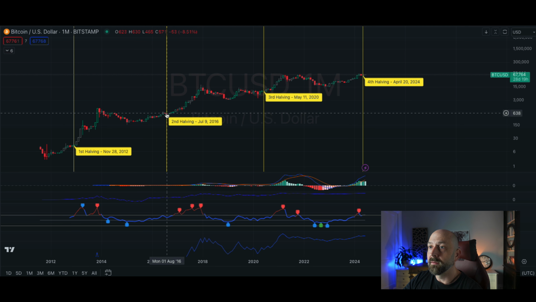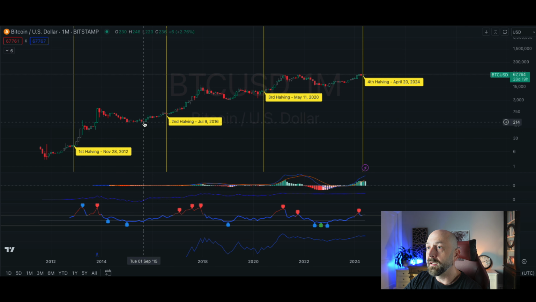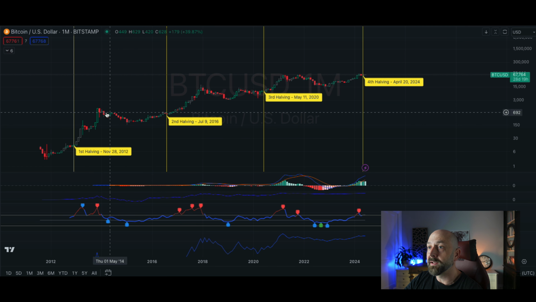So if we look at this cycle 2, we've got a blow off top. We reach the bottom of the market, and as we rally, the price hasn't gone above the last cycle high. Same with this one, come down, and then post halving, we still haven't broken above the high.